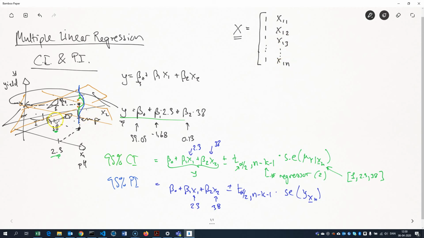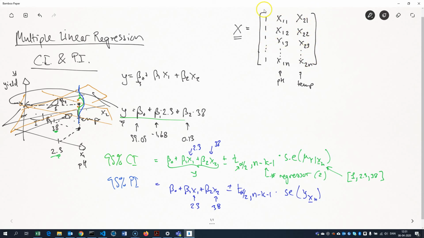Let's say we have n data points in our regression here. This is the pH. And then we have the temperature column, x2, the first of the observations, x22, x23, and so on, down to x2n.